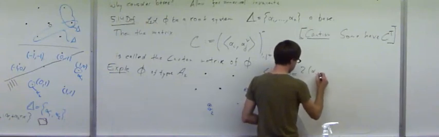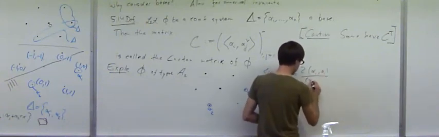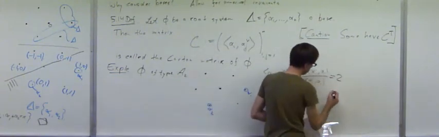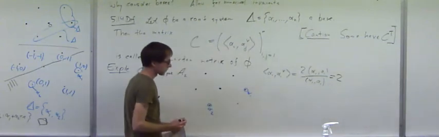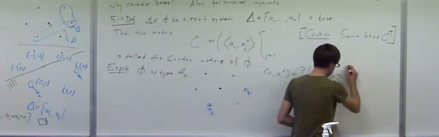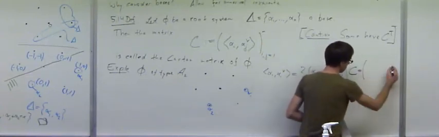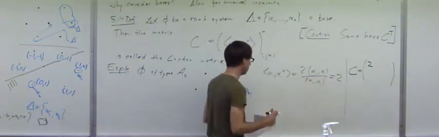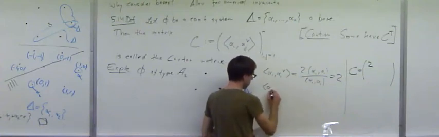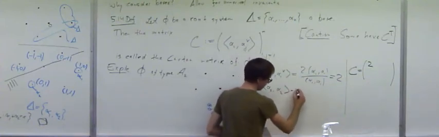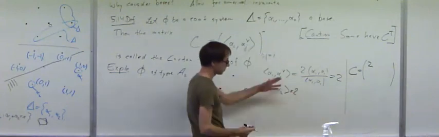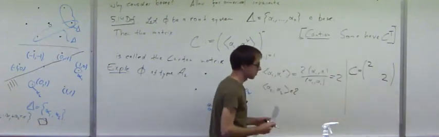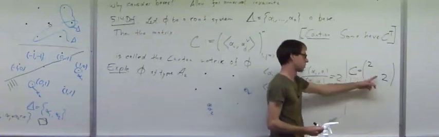This is 2 alpha 1 divided by alpha 1, so this cancels and we just obtain 2. So let me write down the Cartesian matrix here. The 1,1 component will be 2. What about alpha 2? Well, this will also be 2, of course, by the same reasoning. So we already have our first proposition, if you want, that the diagonal components of a Cartesian matrix are always 2.